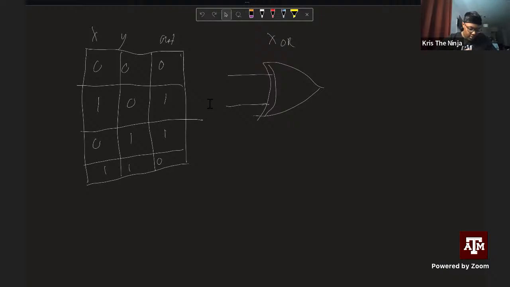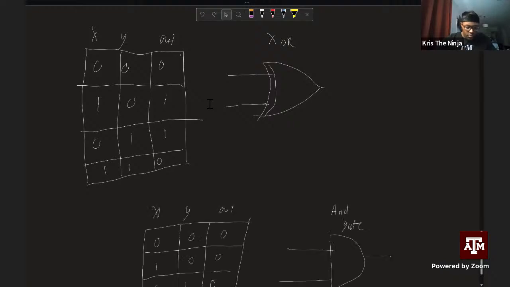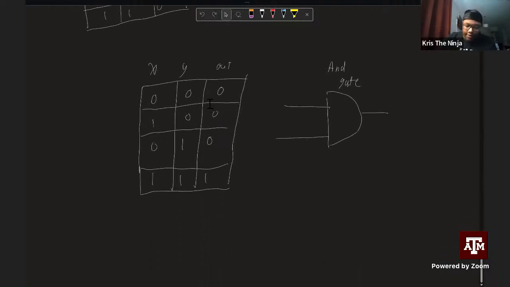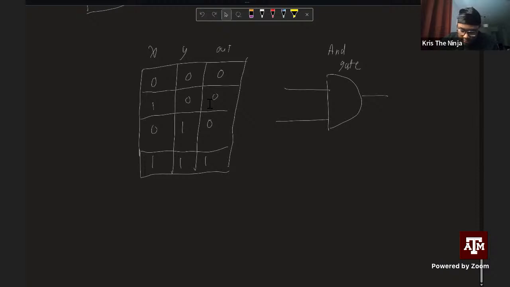Okay, so a NAND gate is the exact opposite. It operates kind of like a NOR, like an OR gate, but not quite. Slightly different, but you can get around it.